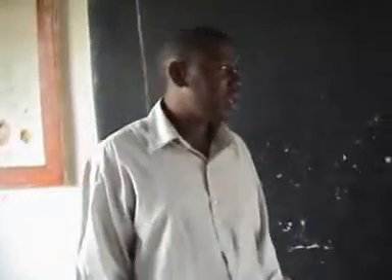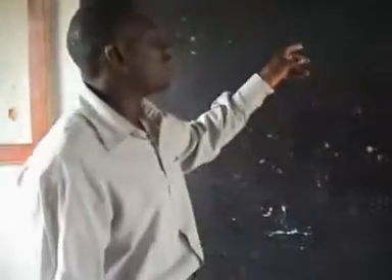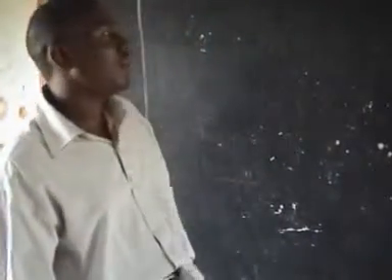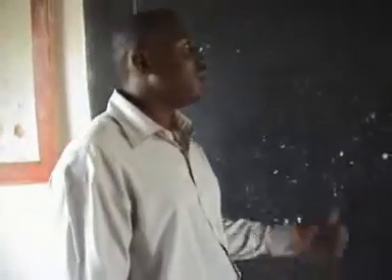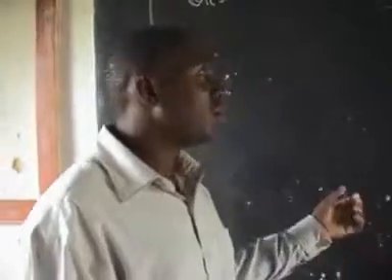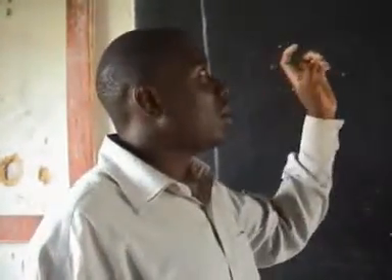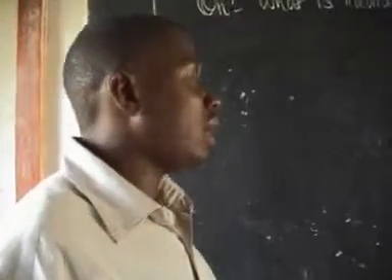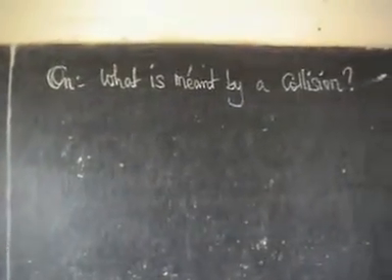All along we have been using the term collision. However, if you were asked to define what is meant by a collision, it would be unfortunate to leave the space blank. So it is important to understand the terms. How do you define a collision?